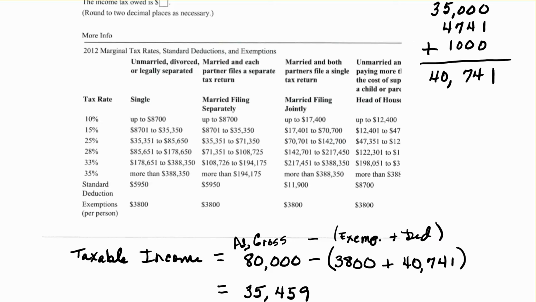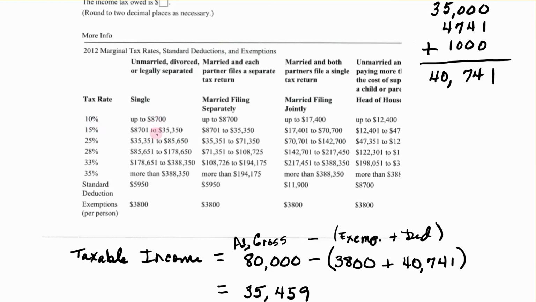Now we have to figure out the tax. You really have to pay attention to this. We said that this was an unmarried man, so he is in this column for single. This is a graduated tax rate. What this means is if you earn $8,700 or less, you pay 10% in taxes.